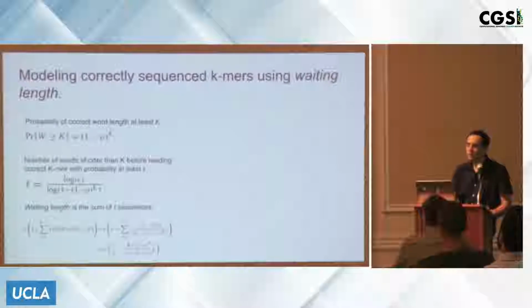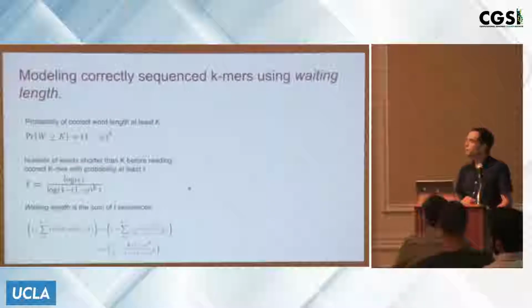With some error rate rho, we can measure the probability that we see any word, 1 minus rho to the k, given some epsilon, which is the certainty that we would like to have. We can compute the number of words that we're going to sequence before sequencing a word correctly of length k, and we can assign that to a value t.